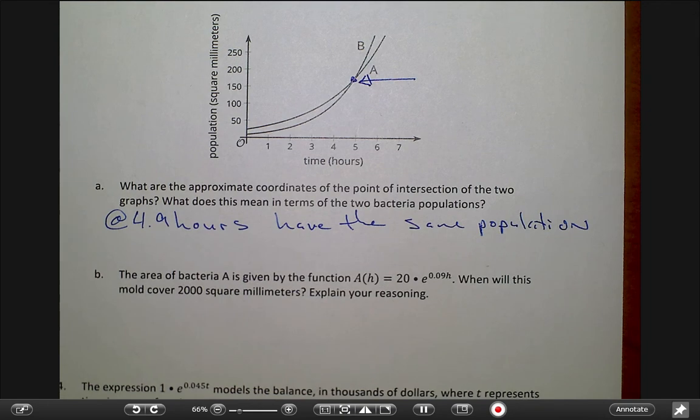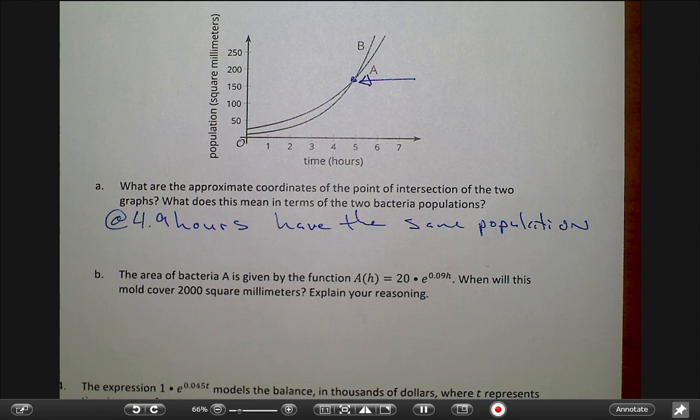Even if you said 5, I'll still take 5. If someone says 1.2, yeah, that's wrong. If you're telling me 6 point something, no. 4, I don't think so. But come on, there's a good range.